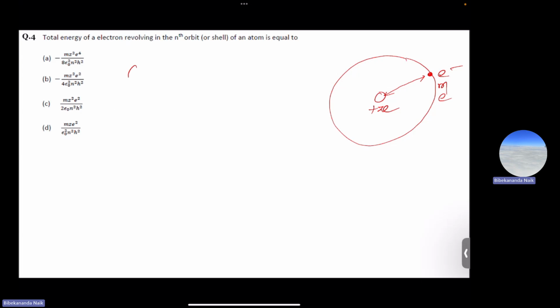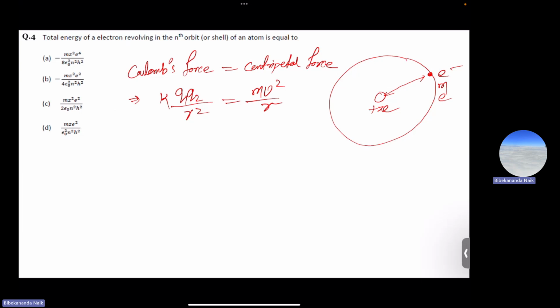So we can say Coulomb's force is equal to centripetal force. And Coulomb force, we know, is K Q1 Q2 by r square equals to centripetal force, which is given by mv square by r.